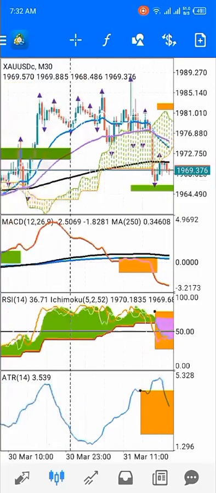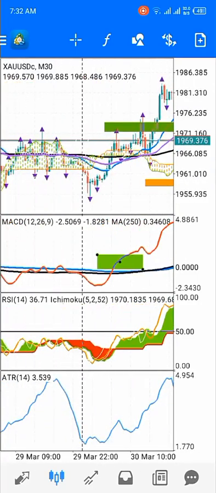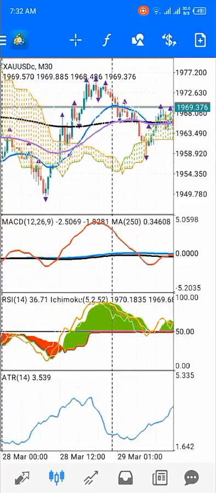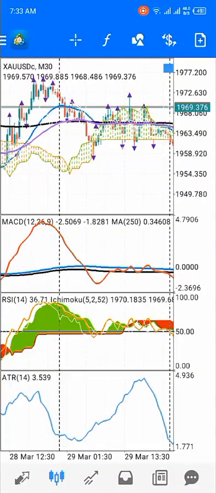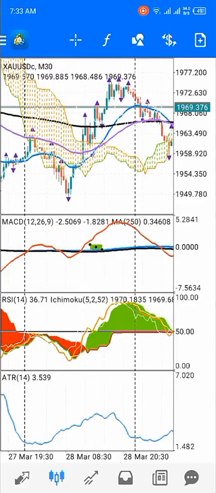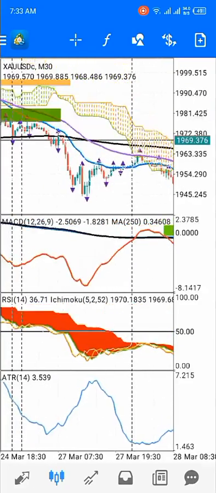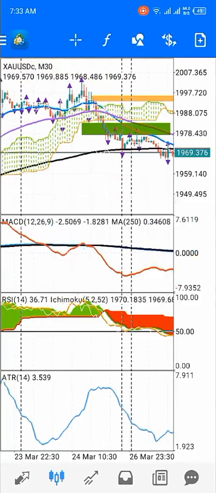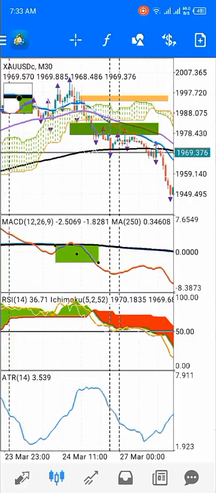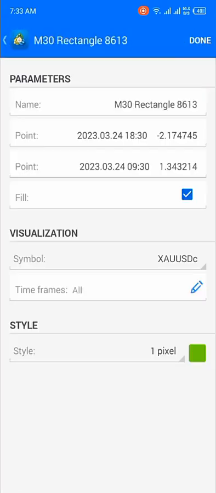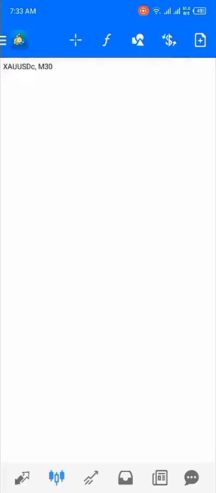And for bearish trend, as soon as the red line crosses below all of the lines, you have bearish trend development. So in a bullish trend development, you look for buy opportunities like around here. And in the bearish trend development, like around here, you look for sell or short trade opportunities.